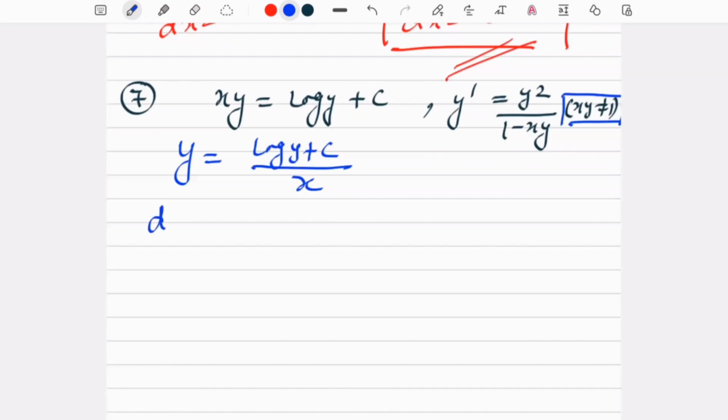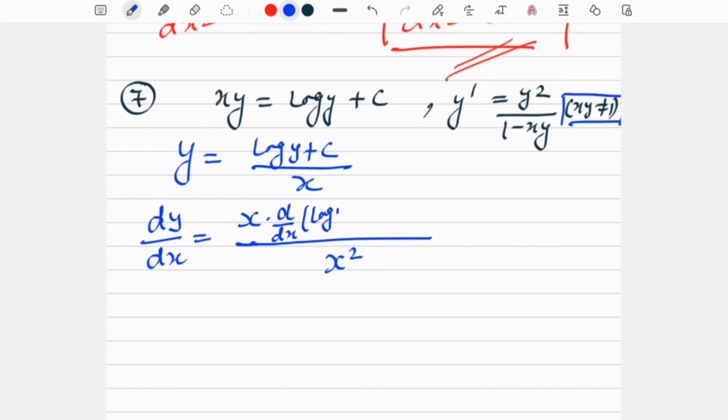Okay, dy by dx. How will we differentiate it? So we will take this one, quotient rule. Quotient rule. Okay, go on. So the numerator will be x squared into d by dx of log y plus c, it will be x d by dx of log y plus c also.